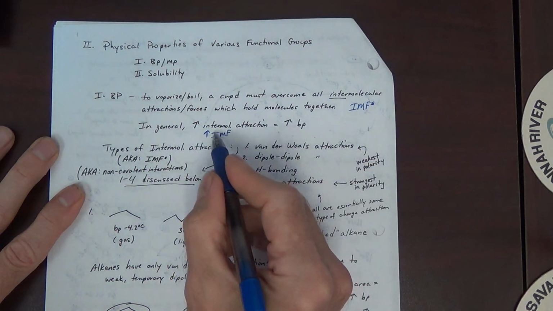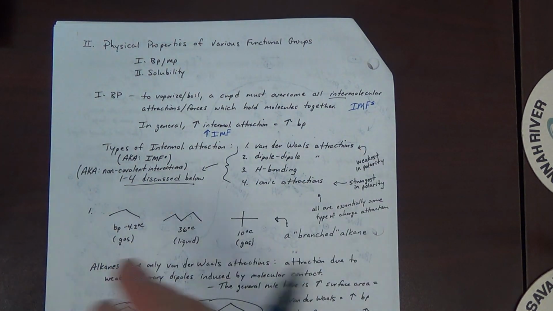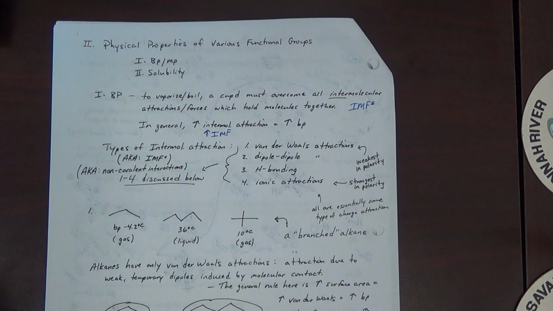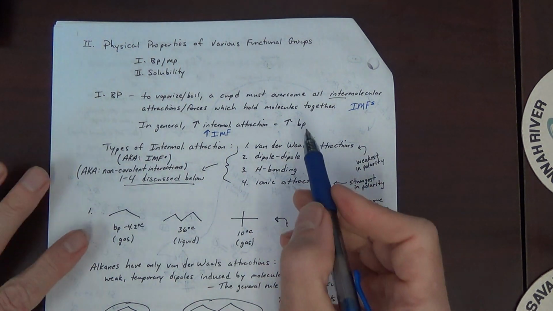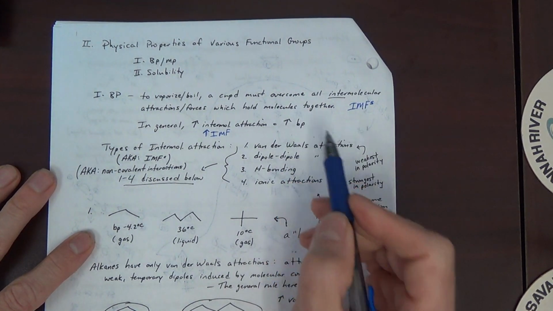We can consider the IMFs to be stickiness, and the more sticky the molecules are to each other, the more work and energy you're going to have to put in to break those molecules apart from each other. And the more energy you're putting in, that means more heat. And so it takes more heat to break apart the molecules and get them to go into the gaseous state. More heat thus equates to higher boiling point.